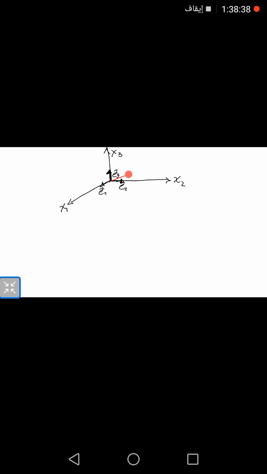And we have this vector named A. This vector A can be decomposed in three components.